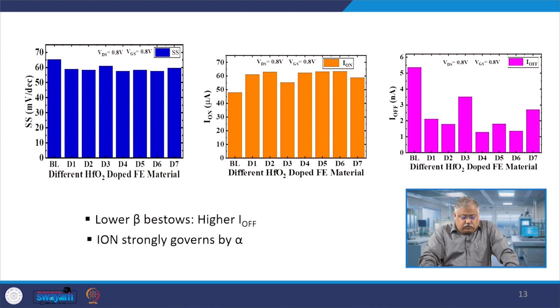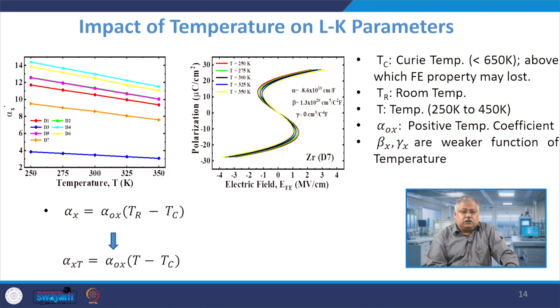Similarly, if you look at ion, BL of course has a much lower ion, but D2 has the highest ion among all of the materials. Similarly, if you look at I off, D4 has the minimum. The BL one, which is the benchmarked one, has the worst characteristics, but it seems D2, D3 and D4 give you the best characteristics in terms of output operation.